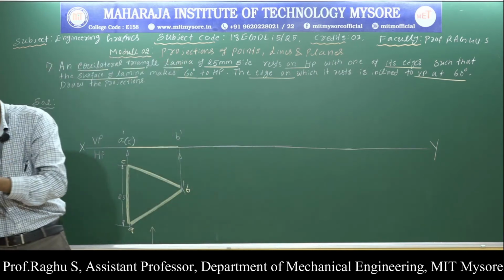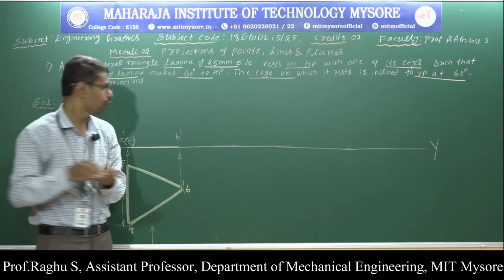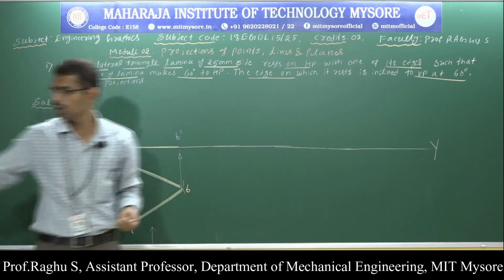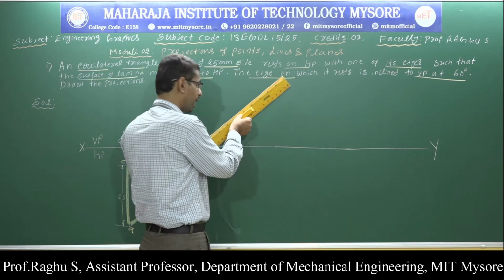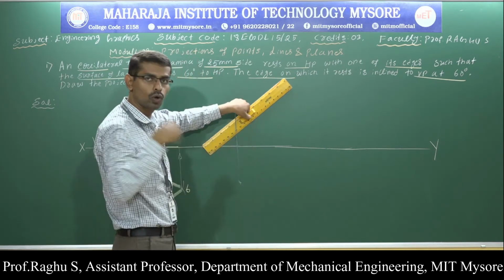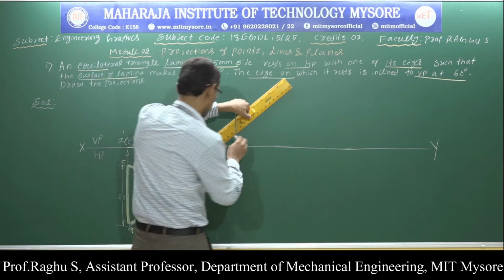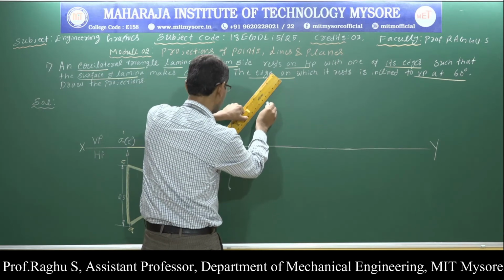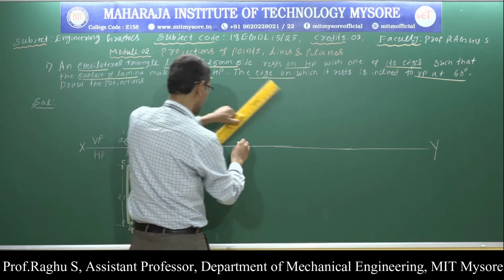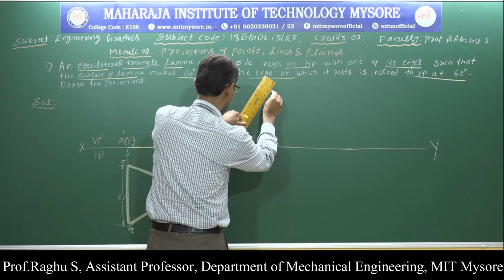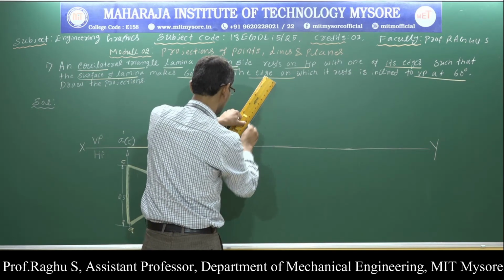So to draw the second position, what is the procedure? First draw a line at 60 degree inclination, front view. In the front view I am going to see the inclination, right? Therefore draw a 60 degree line. At any point, take a 60 degree angle and draw a thin line.